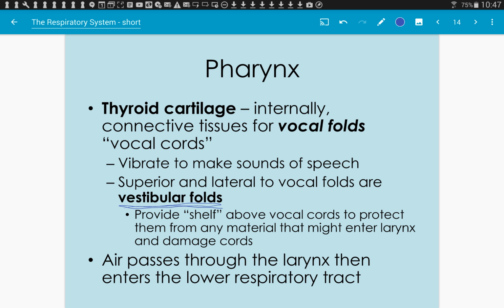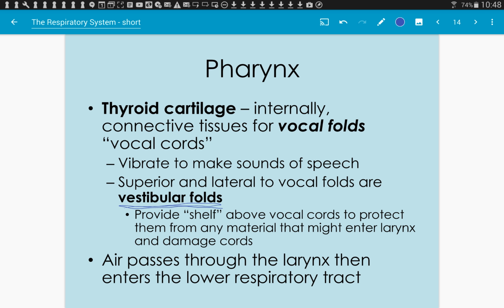They are there to help protect the vocal folds, or your vocal cords, if you prefer. It's kind of like a shelf where if anything does get into the larynx, it hopefully will get trapped there with the vestibular folds. It's there to prevent anything from getting into the vocal cords or damaging them. So those vestibular folds are there to protect your vocal folds.